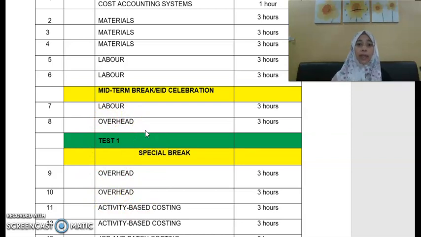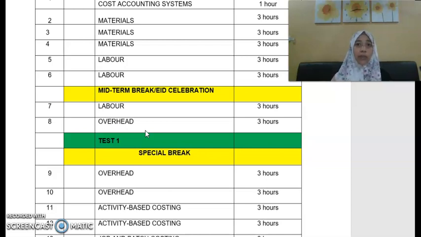So overhead is, if you can still remember, you learn about the overhead analysis sheet. You have all the direct allocation, you have the apportionment, you have the reapportionment, and you come across the word absorption or OAR.